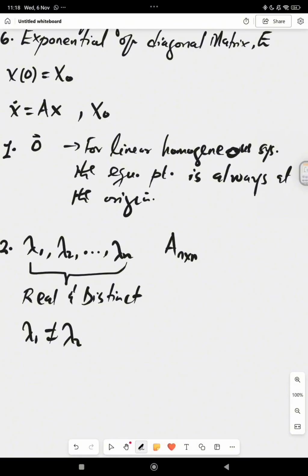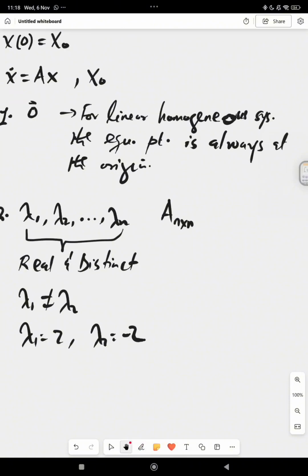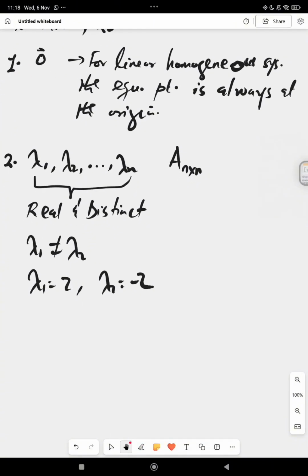We have different values. We can have lambda 1 to be 2, lambda 2 to be minus 2. They are distinct: one is positive, one is negative. Or we can have both of them positive, so lambda 1 equal to 2, lambda 2 equal to 3, lambda 3 equal to 4, lambda 4 equal to 1, and so on.